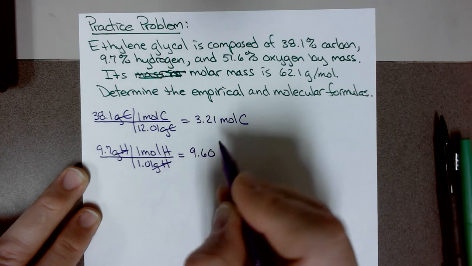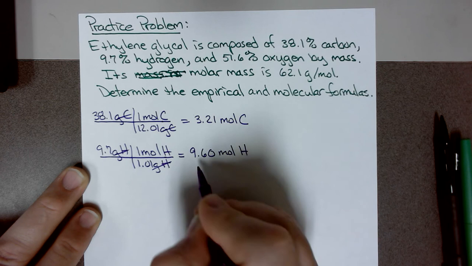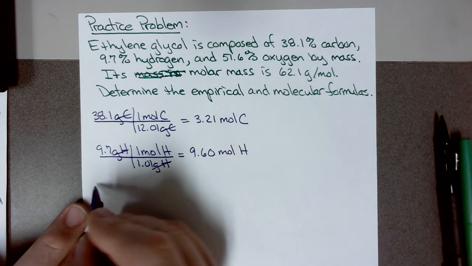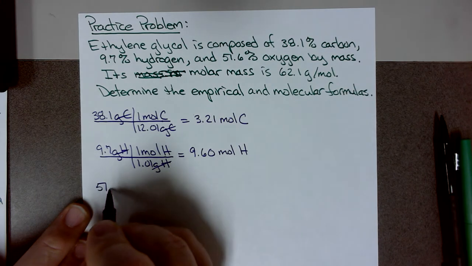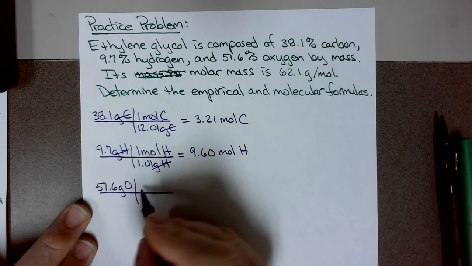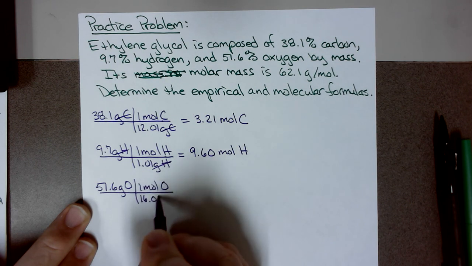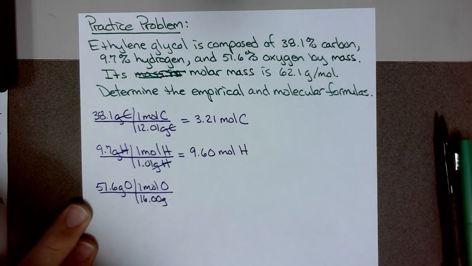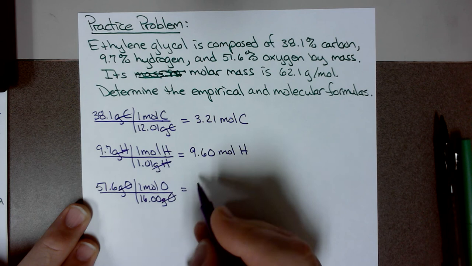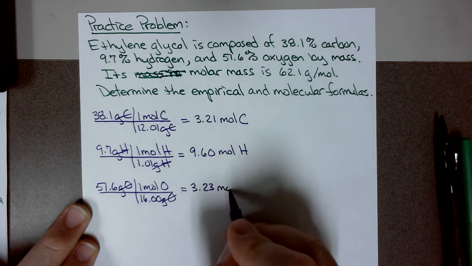That comes out to be 9.60 moles of hydrogen. And then the last one was oxygen at 51.6%, so that's 51.6 grams of oxygen. 1 mole of oxygen is 16.00 grams of oxygen, and that comes out to be 3.23 moles of oxygen.